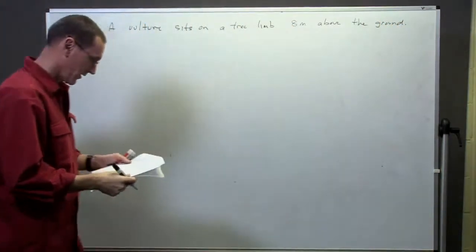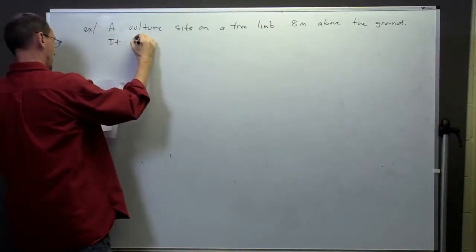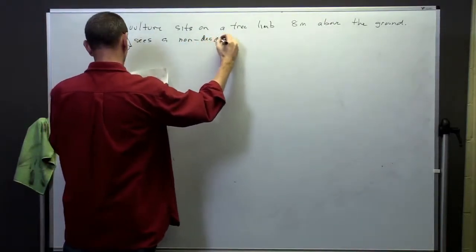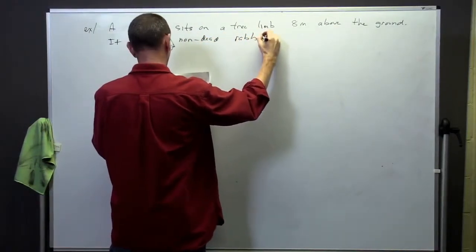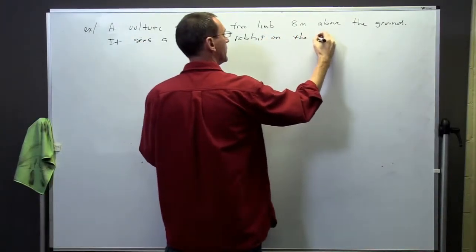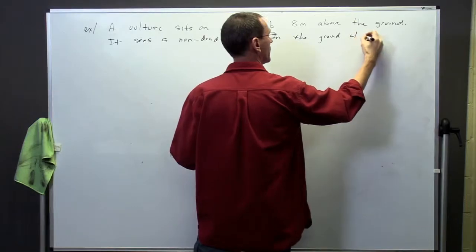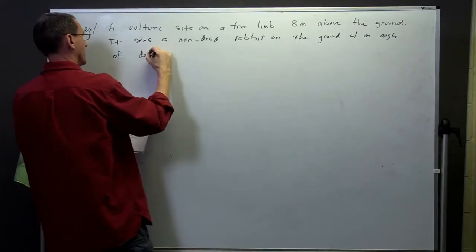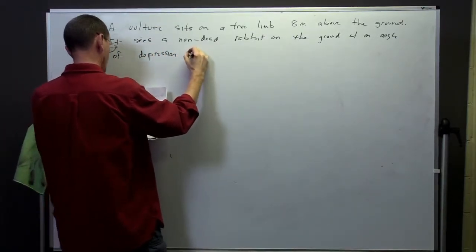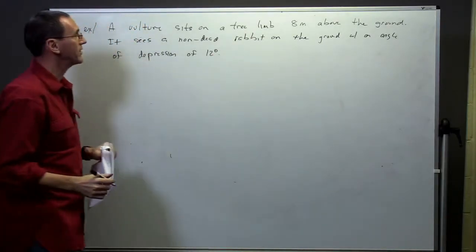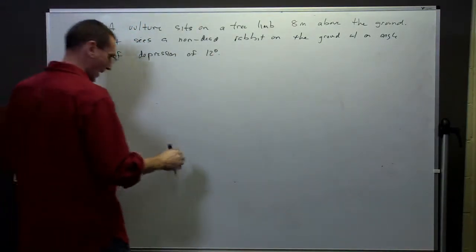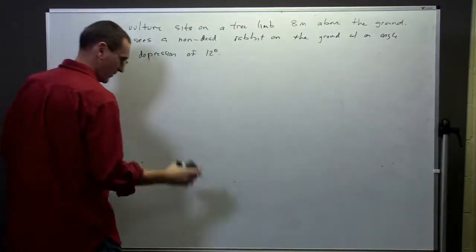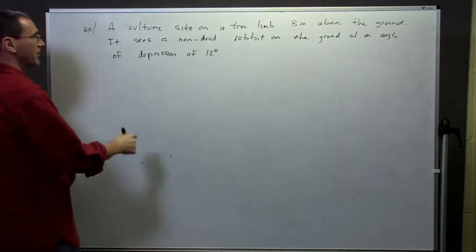It's 8 meters above the ground. It looks downwards and sees a rabbit. So it sees a rabbit that's not dead. The rabbit's on the ground, and the angle of depression is 12 degrees.